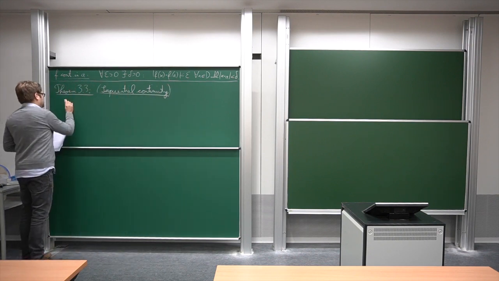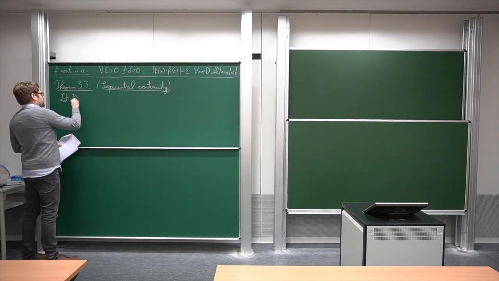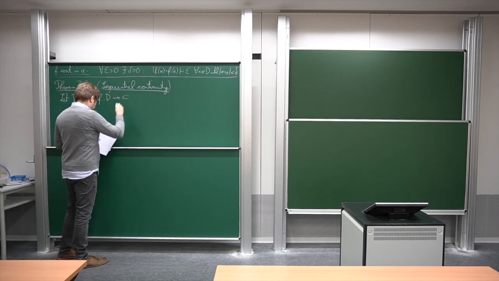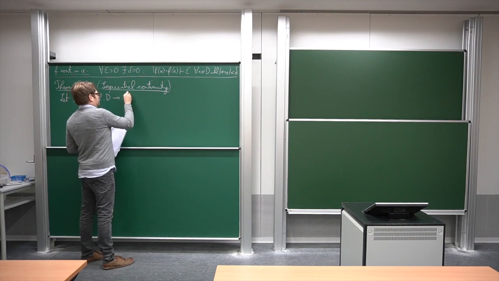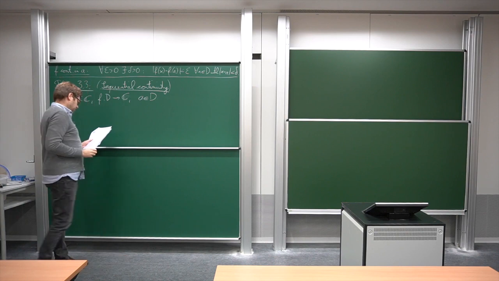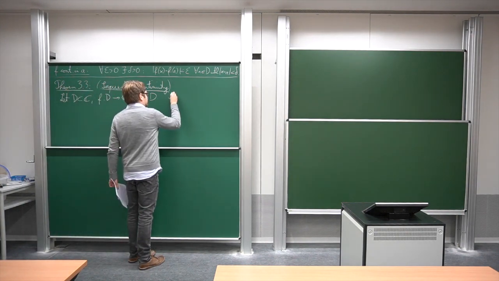Namely, we have again a domain D in C, we have f from D to C a function, and we have a point A in D with respect to which we want to formulate continuity.